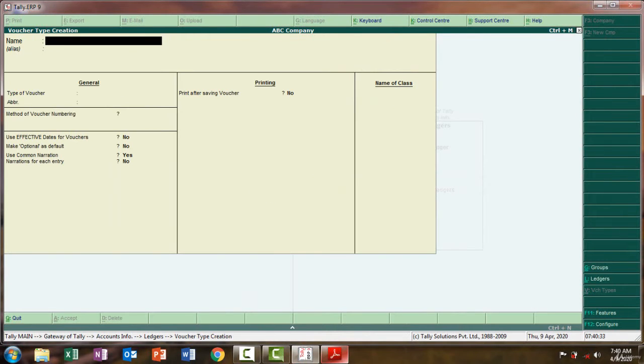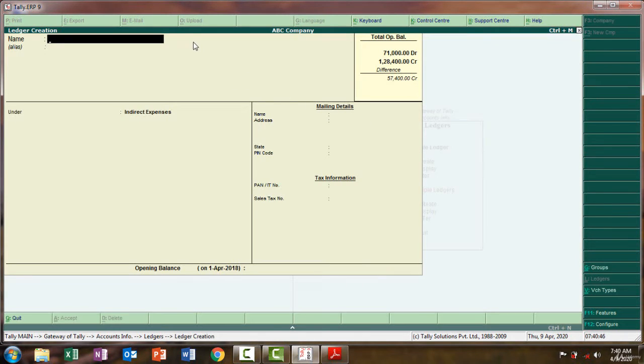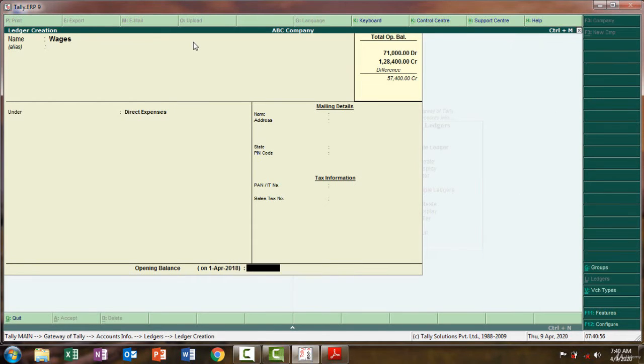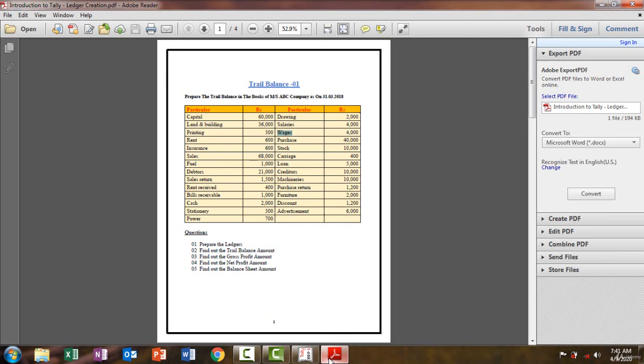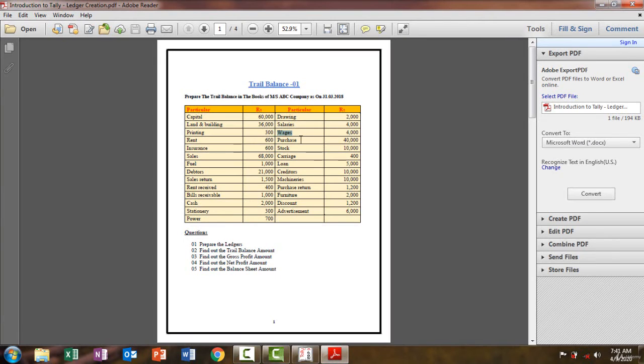So the wages, it is a direct expense. How much? 4000 debit.